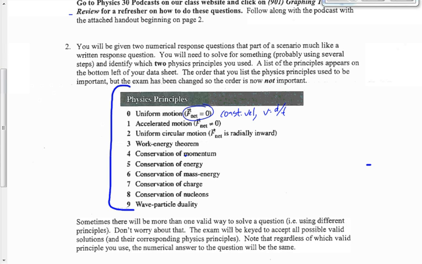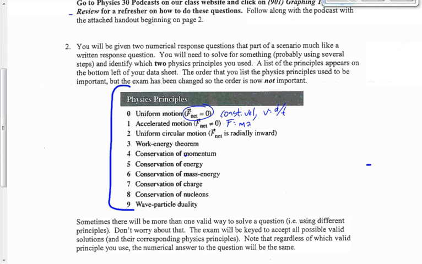Accelerated motion, F net is not equal to 0. In other words, F is equal to m times a, or any of the other acceleration equations. Bottom line is this: if it accelerates, you've used principle number 1. Uniform circular motion. Object is going in a circle.